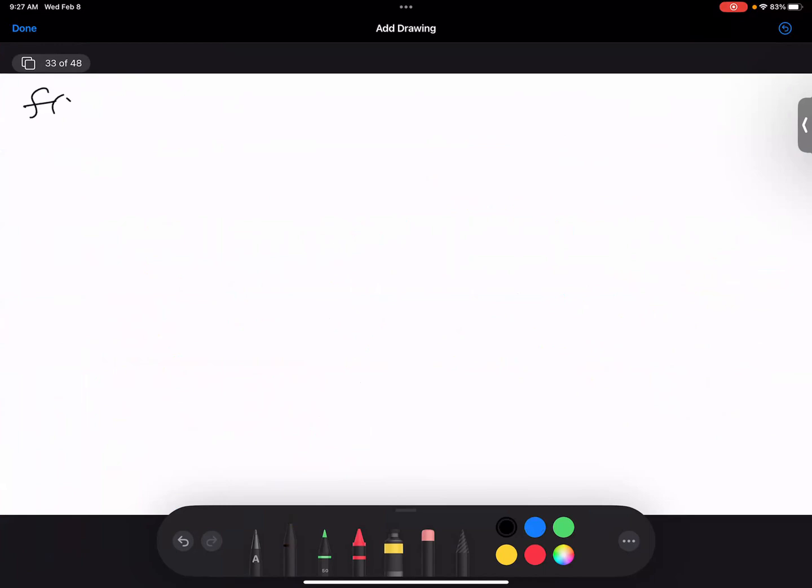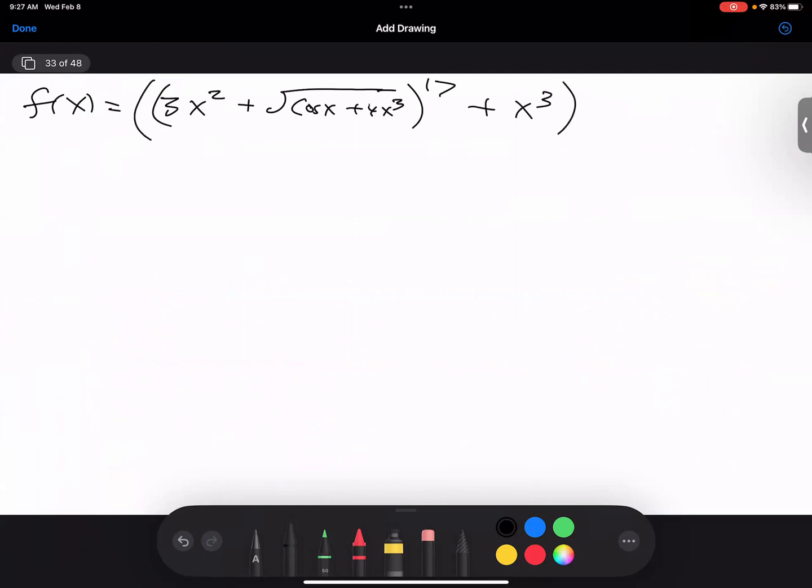Let's say I give you f of x is 3x squared plus the square root of cosine x plus 4x cubed to the 17. And then let's add x cubed and let's square that. Okay, I can write this as a of x squared.